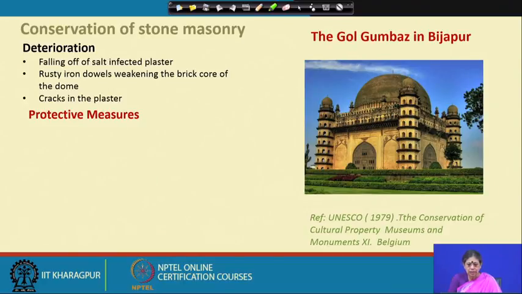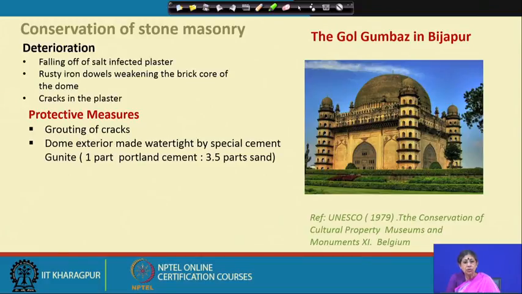Now, this is basically a masonry structure made of brick and plaster and some stones, so it is a composite material structure. First of all, the cracks were grouted, and the dome exterior was made watertight by special cement granite, 1 part of Portland cement to 3.5 parts of sand.